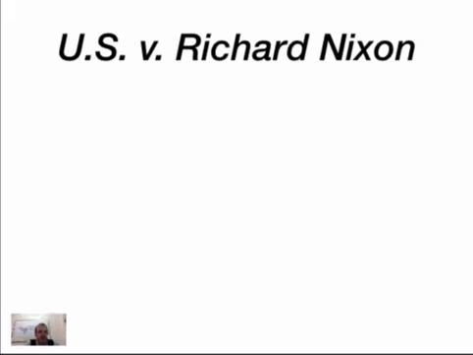Let's wrap up with a look at United States versus Richard Nixon from 1976. Why is this decision so important? Well, during the Watergate scandal, President Richard Nixon tried to assert his executive privilege, which is a power that the president has to withhold information from investigators because it's information that's vital to him doing his job as chief executive.